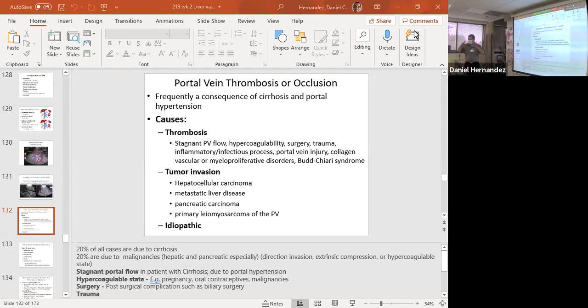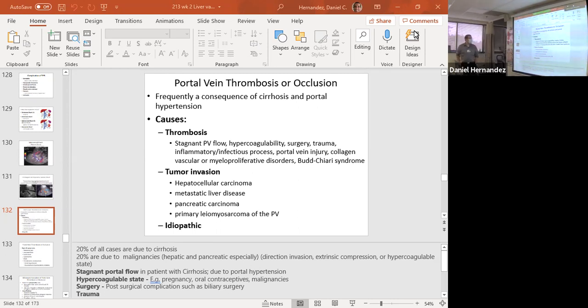You could have a large mass on the head of the pancreas that's compressing the portal vein. That goes back to our Virchow's triad, where extrinsic compression can cause stasis of blood, as well as these cancers causing a hypercoagulable state. Particularly pancreatic cancer causes patients to develop clots more readily.